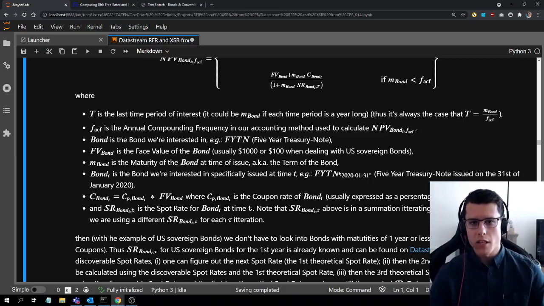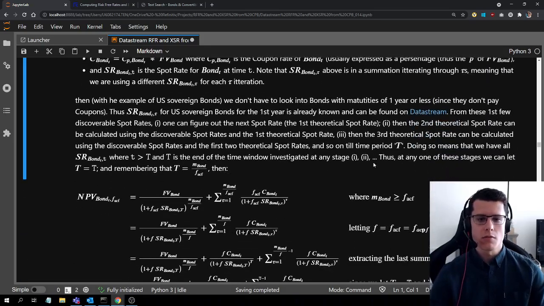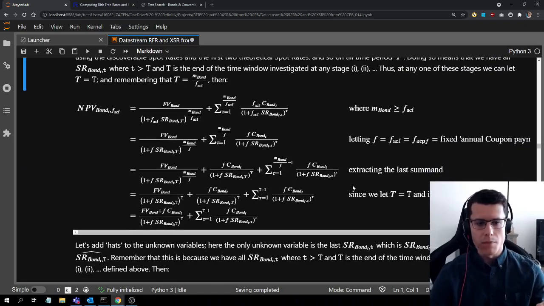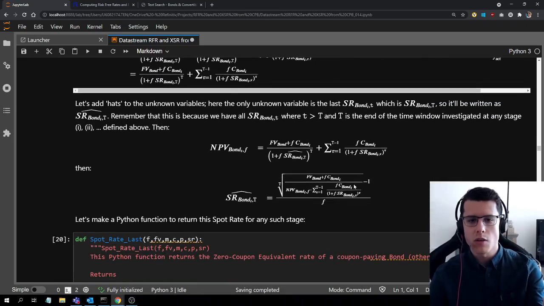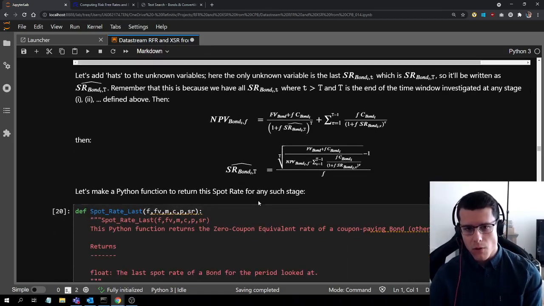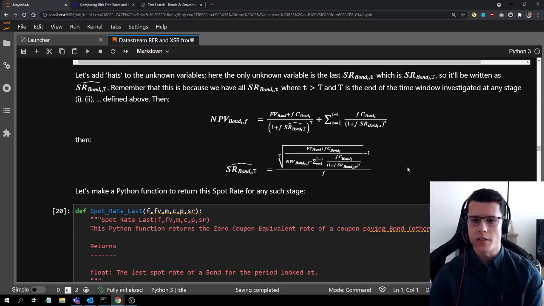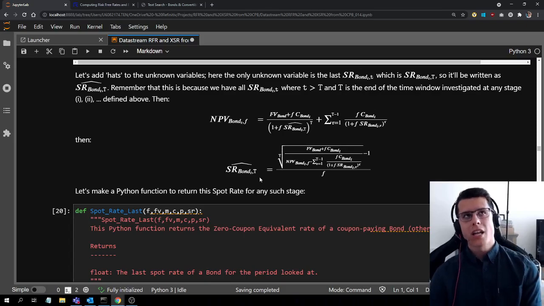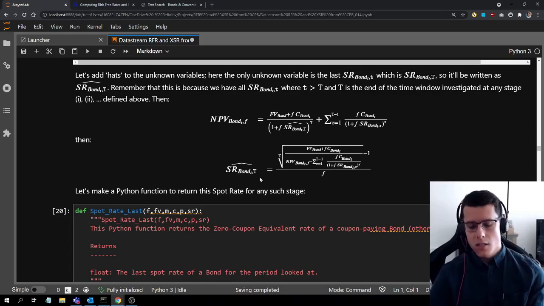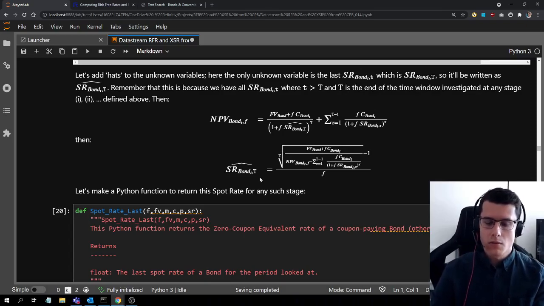And I just talk about what each term within this equation means right here. And then I change the whole equation so that we end up with this thing here. So this is the spot rate that we're looking for, that we're trying to compute. And we're computing this spot rate with the rest of the data that we've got up to that day that we're looking for. You can only compute a spot rate for the last time period of your cash flow.